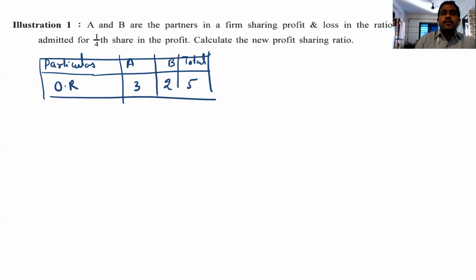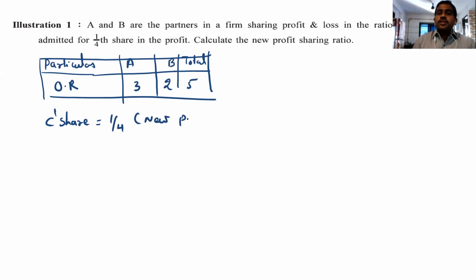Clear? Now, what is the information? They are saying that a new partner C is admitted, and C's share is how much? 1/4. So friends, now how to do this? Old ratio is given and C is a new one and he is to be given 1/4.